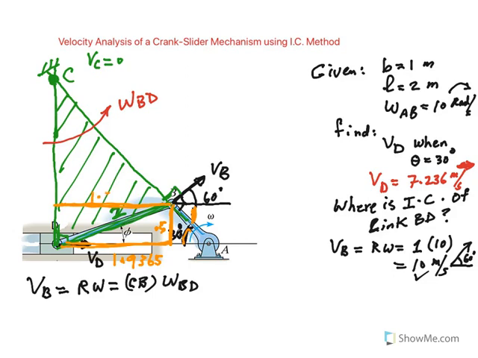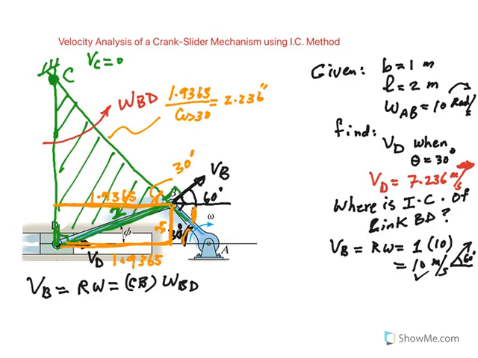Since you know this angle is 30 degrees, this becomes 1.9365 over cosine 30, the hypotenuse, which happens to be 2.236.